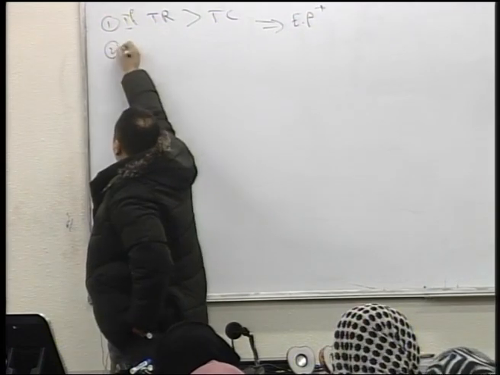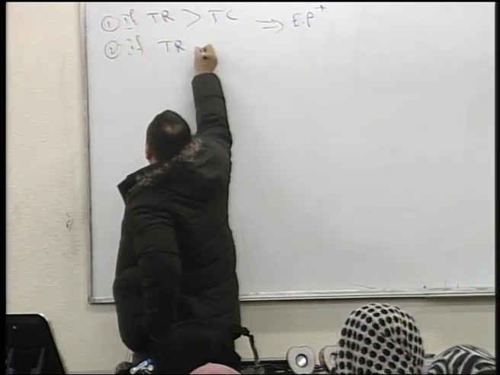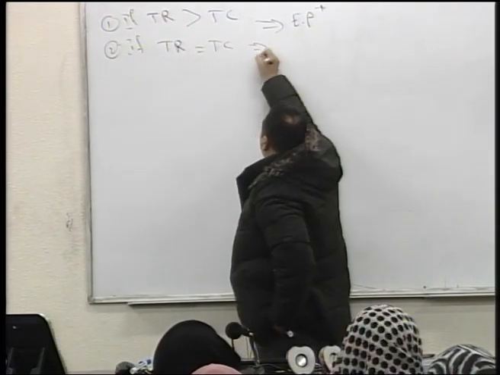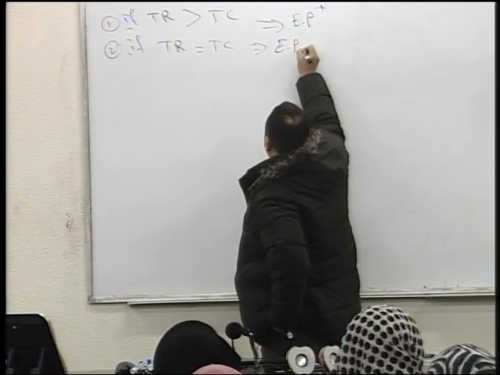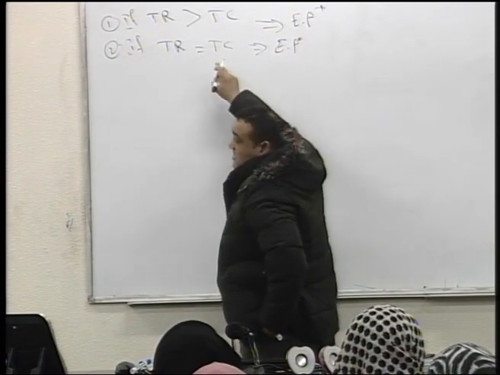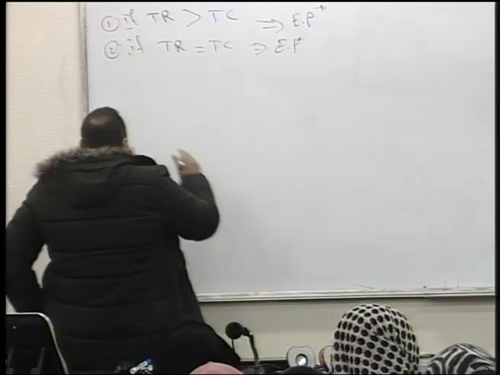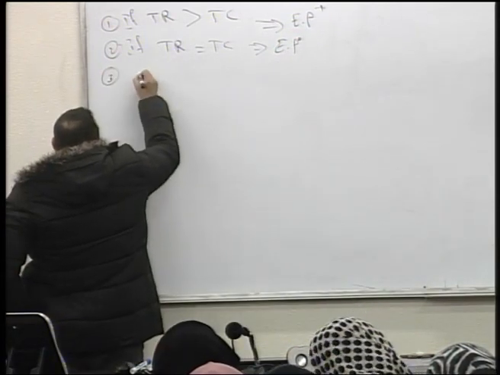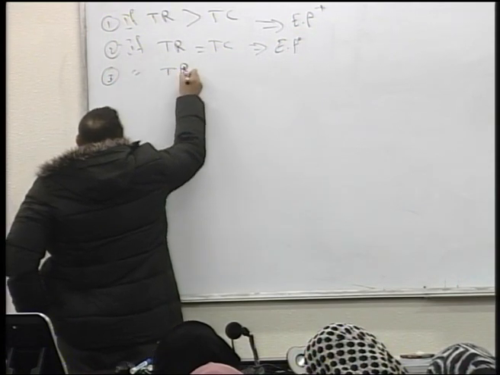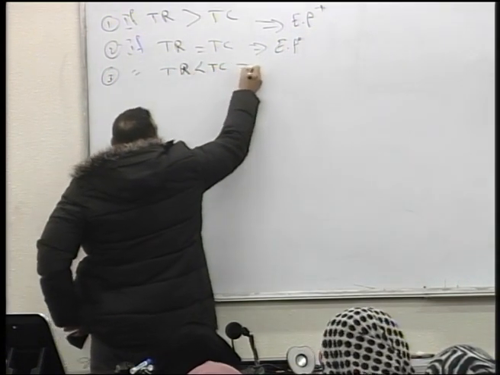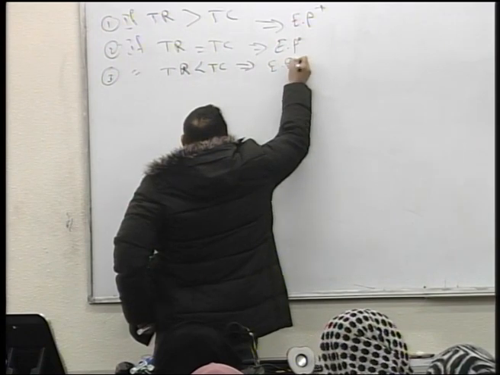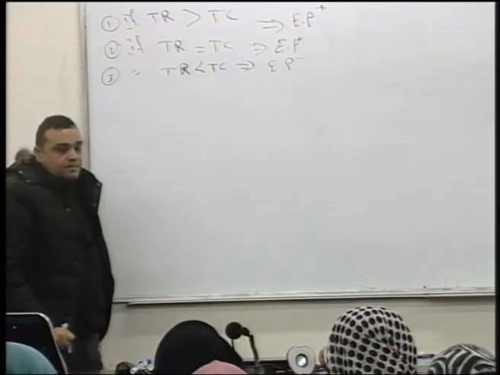Number two, if total revenue equals total cost, economic profit equals 0, and this is the break-even point. Number three, if total revenue is less than total cost, the economic profit is negative.